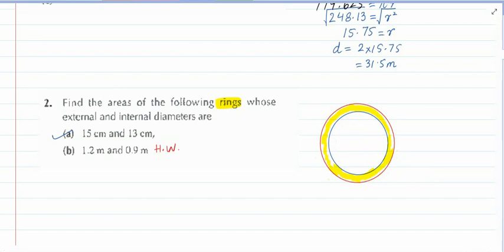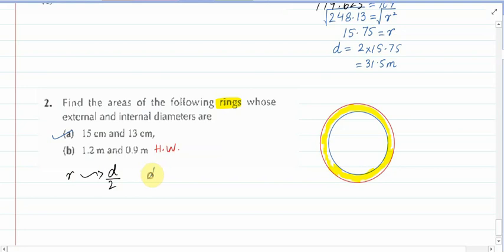So it says the outer diameter, and we know how you find the radius from the diameter. Just simply divide your diameter by 2. So if the diameter is 15 centimeter, that means the radius is 15 divided by 2, that is 7.5, right?